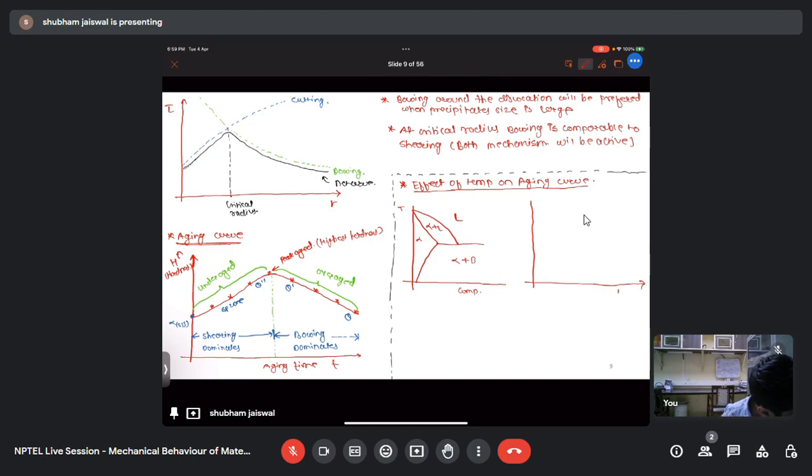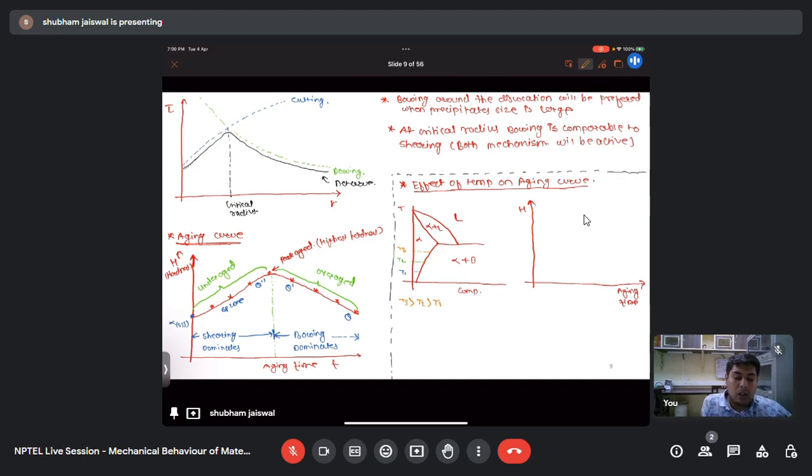this is aging time, and here we have the hardness. Let's say these are the three temperatures: T1, T2, and T3, such that T3 is greater than T2 is greater than T1.